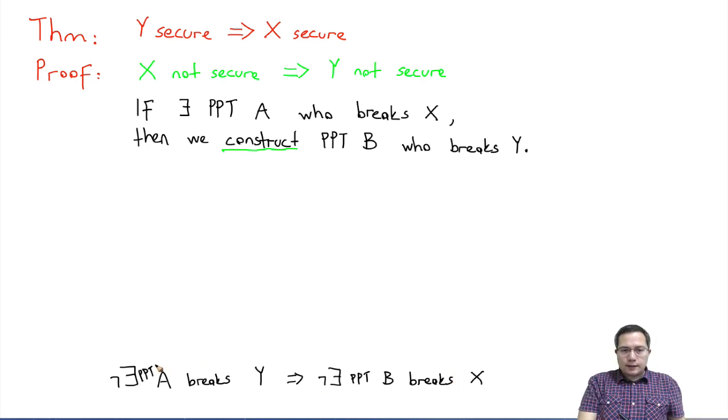When you think about it, if there were such an algorithm that breaks X, then through this proof, through this reduction, we would immediately have an algorithm that breaks Y. But since no algorithm that breaks Y is known, then it's impossible that there is an algorithm that breaks X.